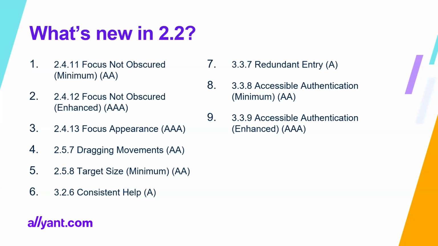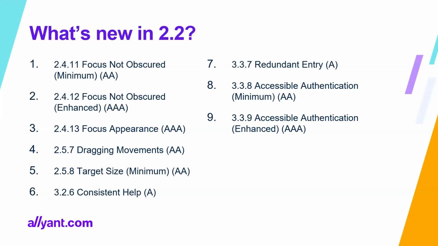Then there's 2.5.7, dragging movements. This is a double A criteria. And then 2.5.8 is target size, the minimum requirement, which comes in at the double A level. And then 3.2.6 for consistent help.